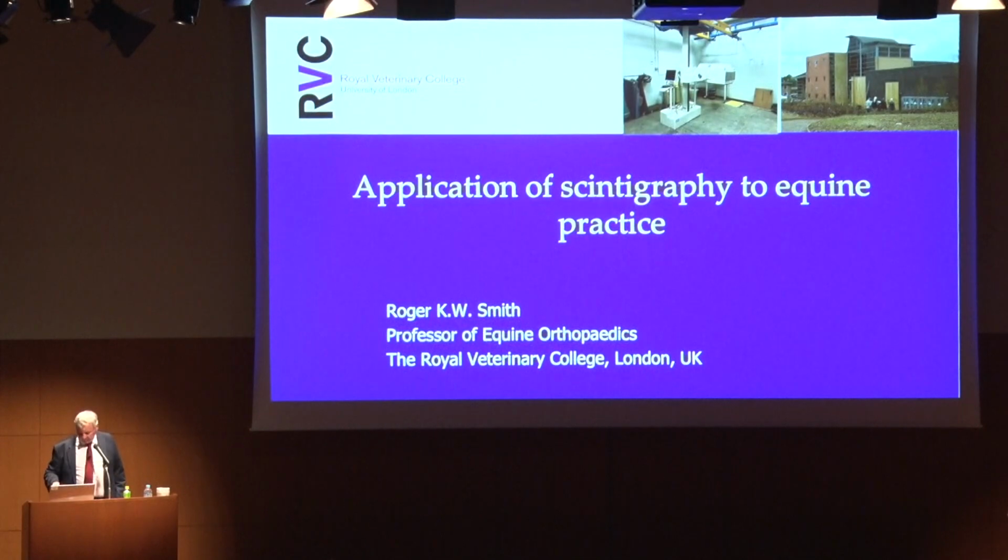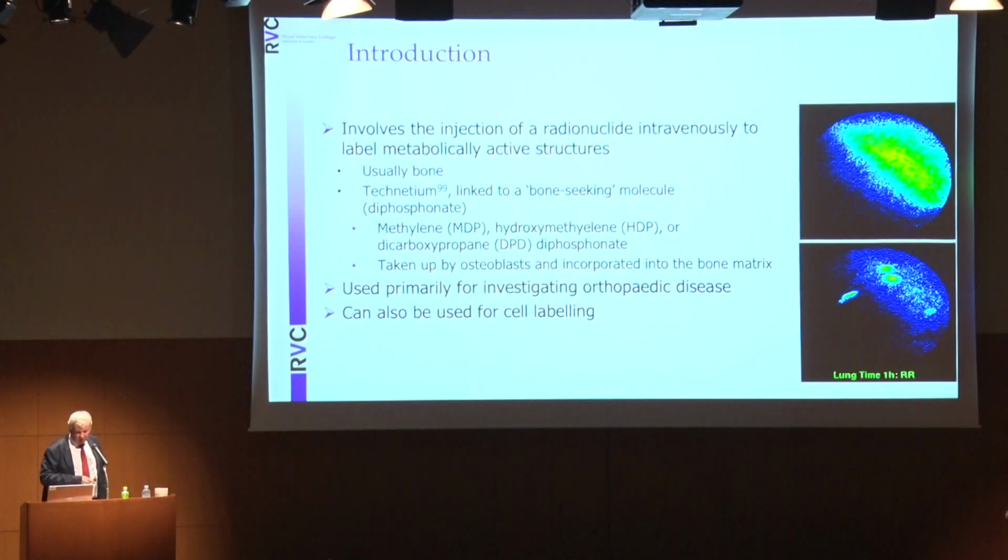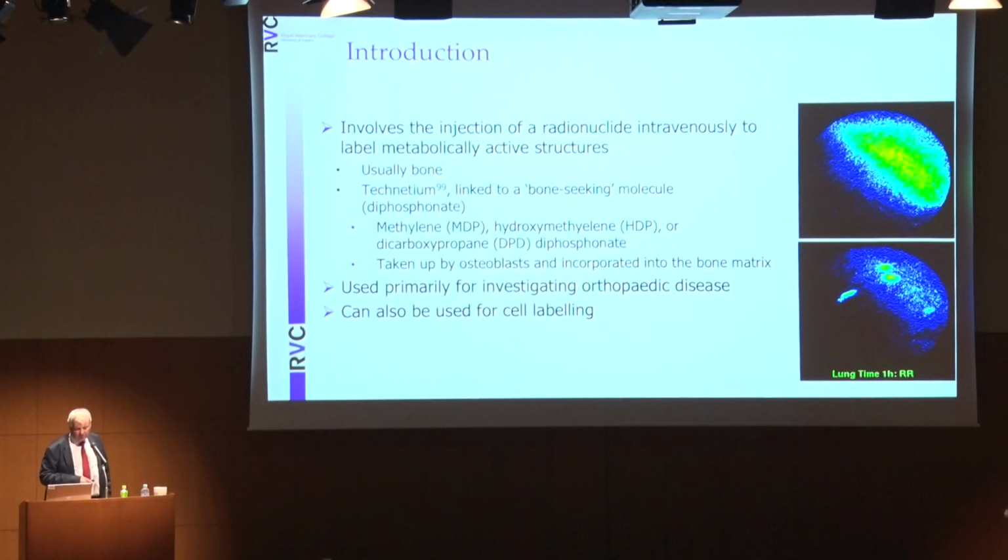So gamma scintigraphy involves the injection of a radionuclide intravenously to label metabolically active structures, and this is usually bone.